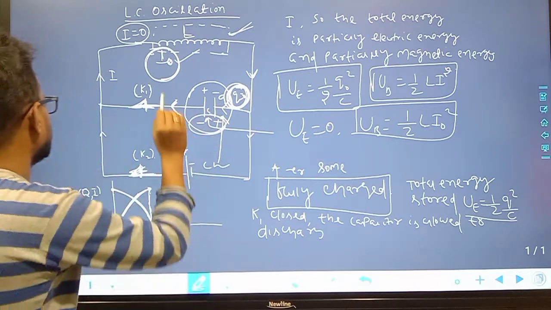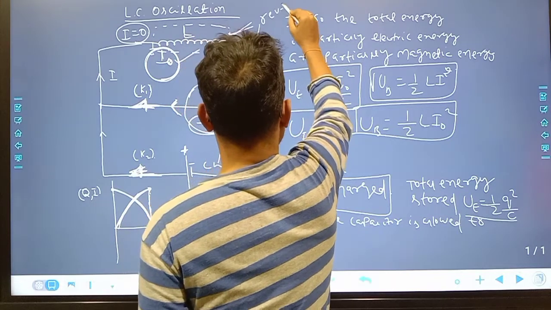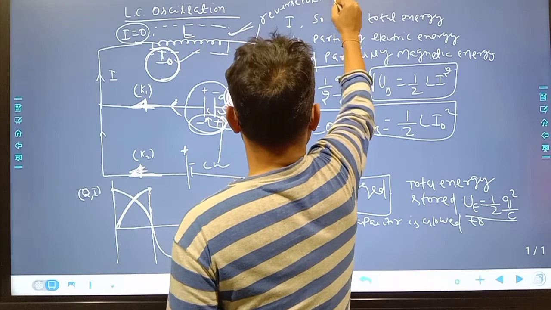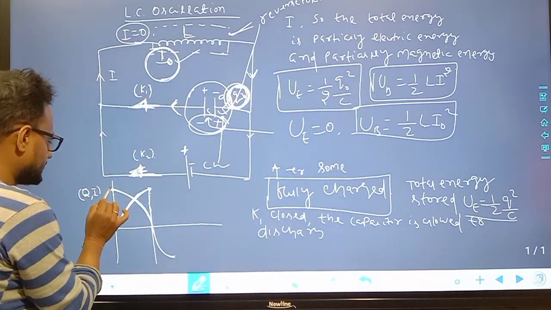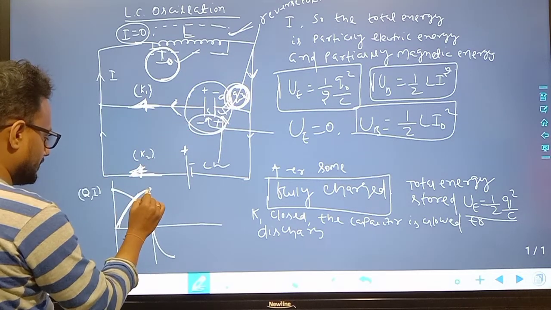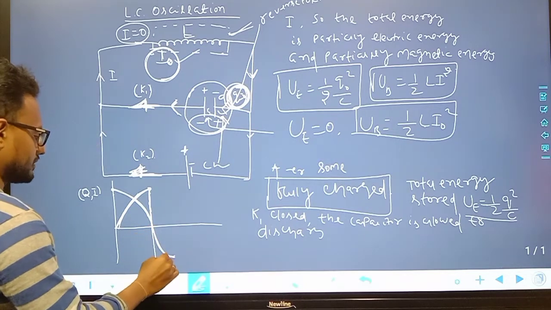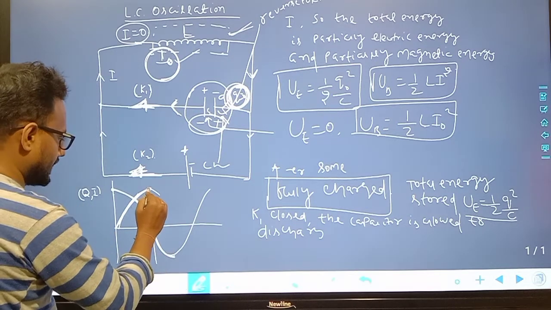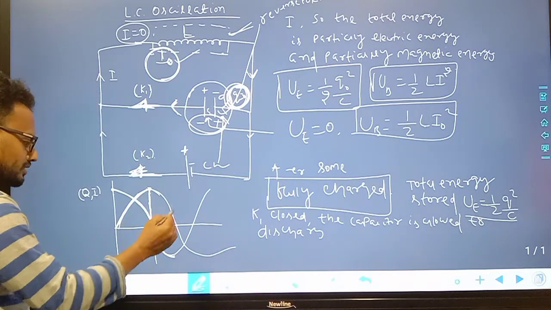Plus becomes minus, and minus becomes plus. The charge is maximum in the reverse side. Now the current also goes from maximum to 0, but in the reverse direction.